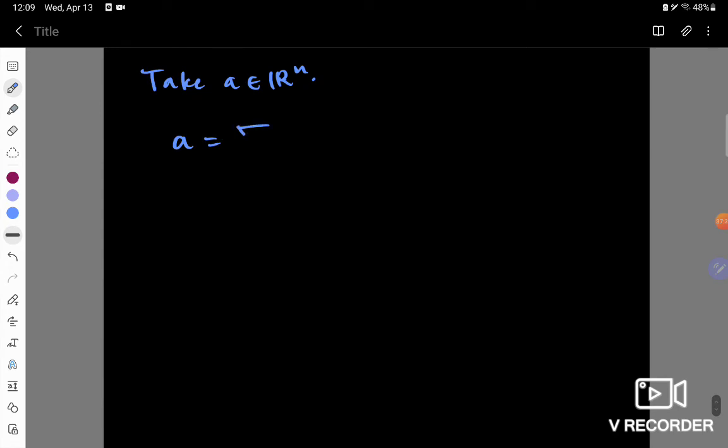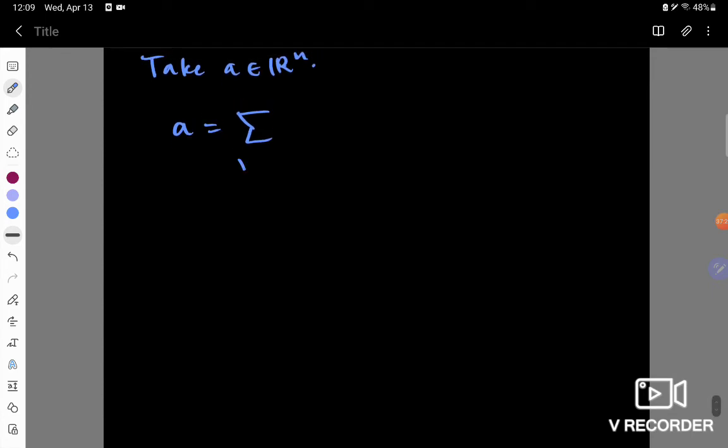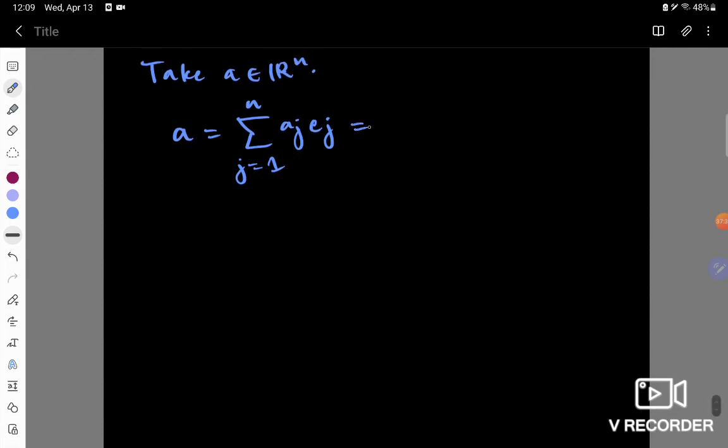A is equal to the sum across j equals 1 to n, a sub j, e sub j. So what this means is you've got some scalars, a sub j, those scalars such that you can express any vector as a linear combination of those and the basis vectors. So this is going to be just a1 through an, right?